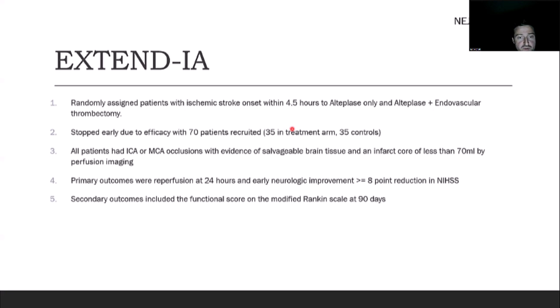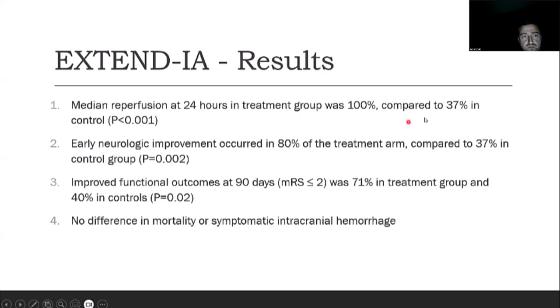Their primary outcomes were reperfusion at 24 hours and early neurologic improvement, and had secondary outcomes of the modified Rankin score with functional independence. Their median reperfusion was 100% at 24 hours in the treatment arm versus 37% in the control, which again sort of speaks to the inefficacy of TPA in these large vessel occlusions.